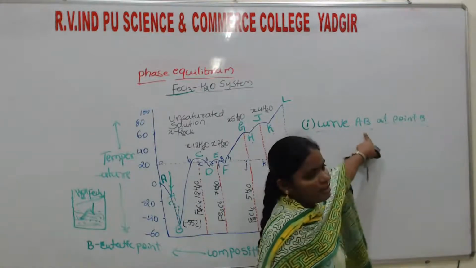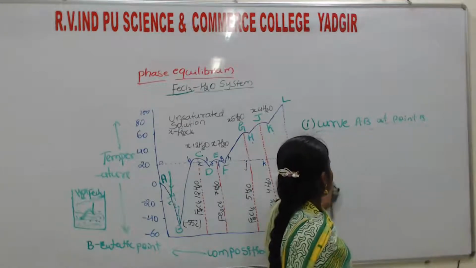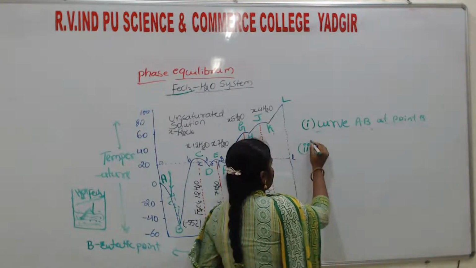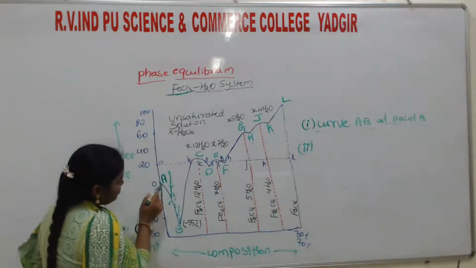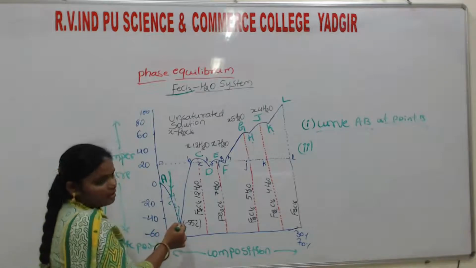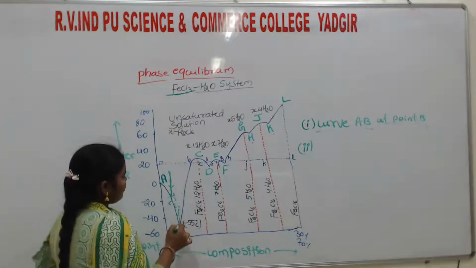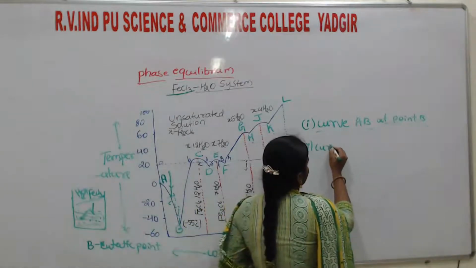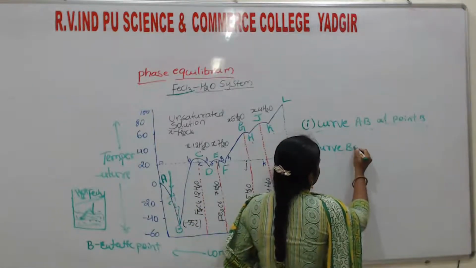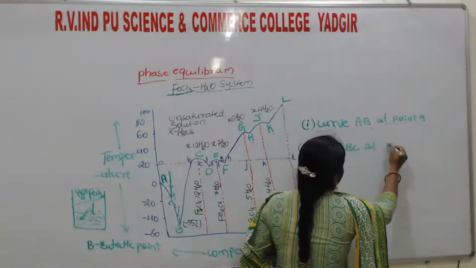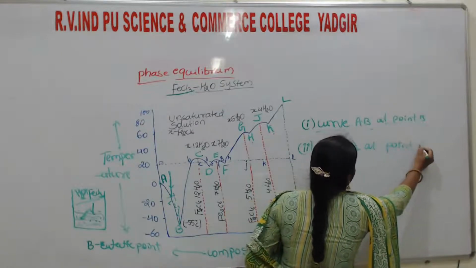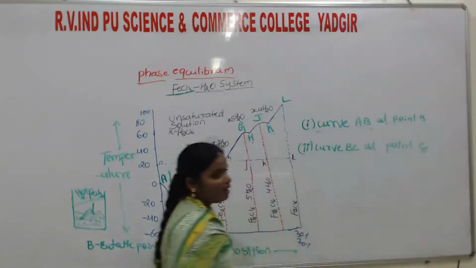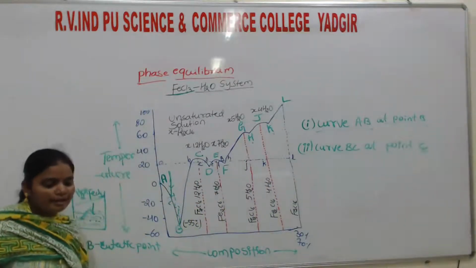This is a freezing curve. Next, second one, curve BC. You come from here, you change the temperature here, curve BC at point C. This point C is known as a melting point, a congruent melting point.